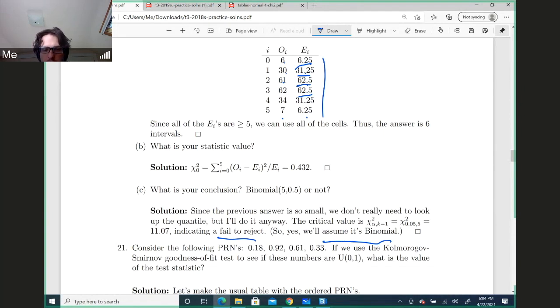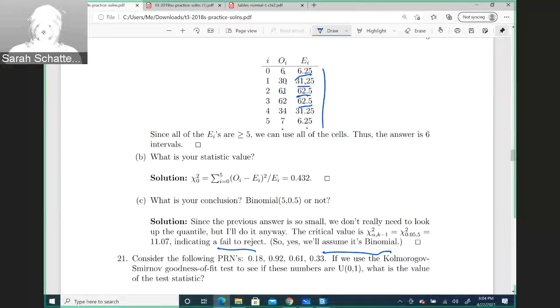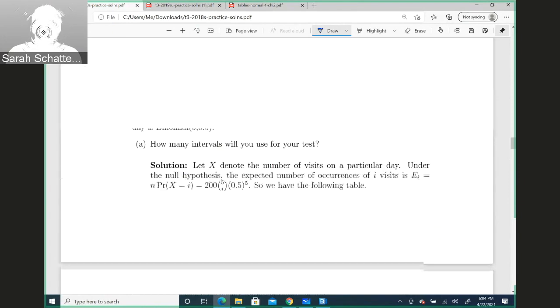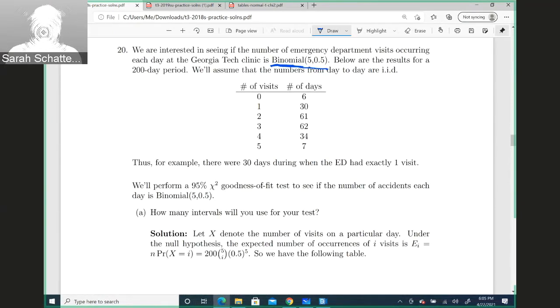Okay, yeah, I see that. I think I just got stuck on the binomial 5.5 thing, and it might just be my understanding of the binomial distribution is not quite right. Yeah, binomial has 2 parameters, right? It has both n and p, I believe.